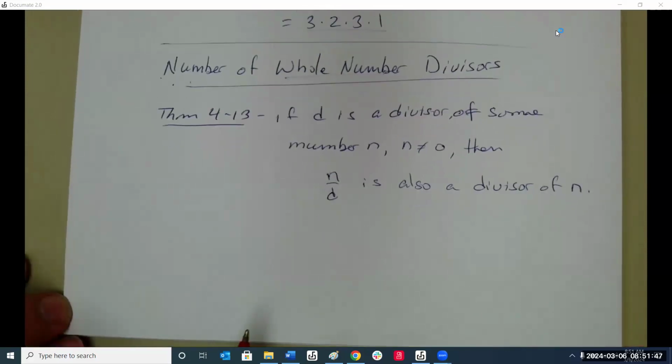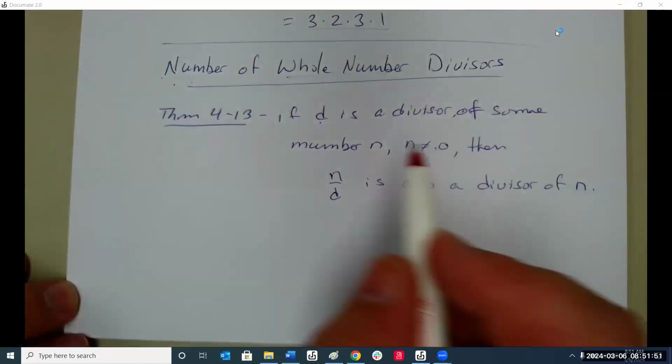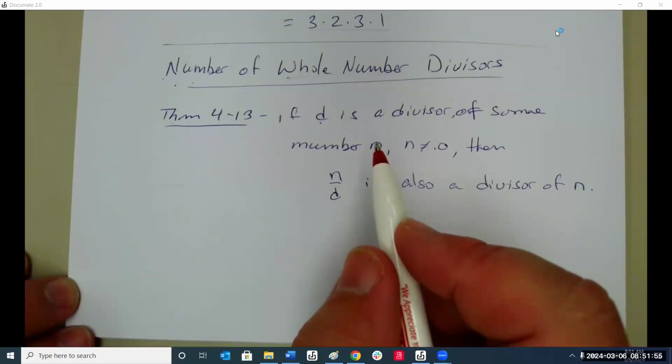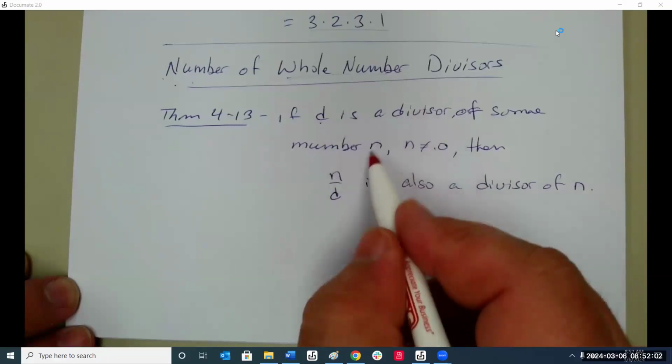So let's look at this. D is a divisor of N. Give me an example of what that means.